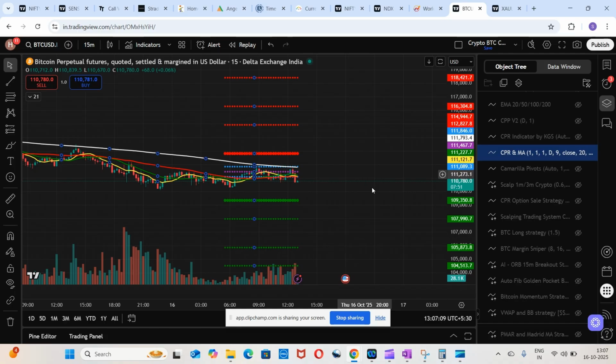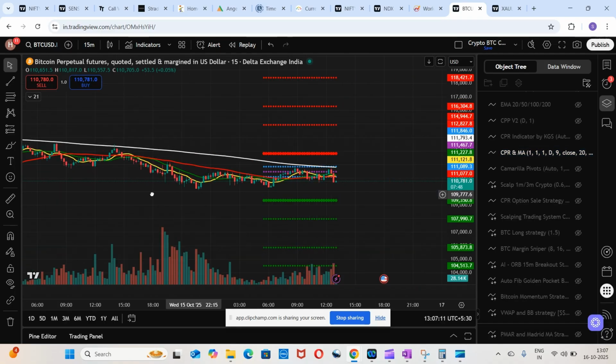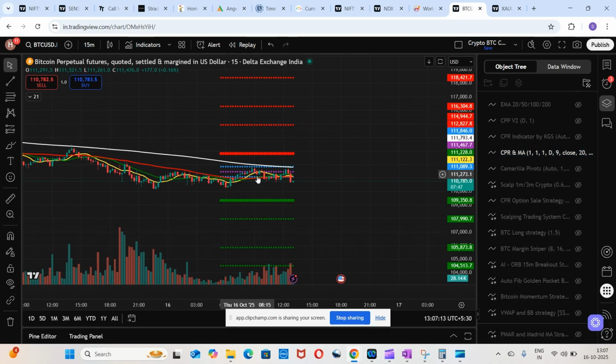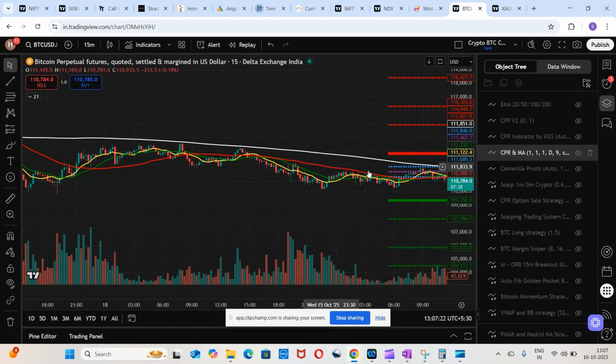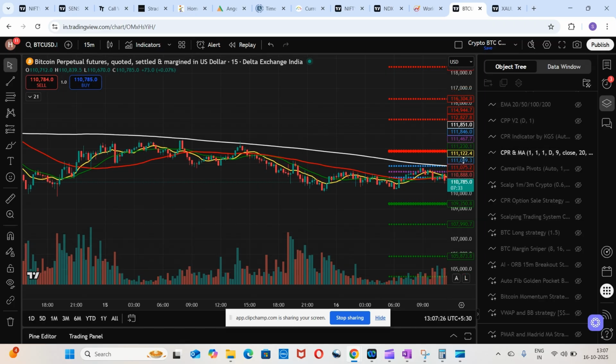So this is the 15-minute strategy. If you see, this is the CPR, and we have the resistances and the supports here. This is on a 15-minute time frame on Bitcoin perpetual futures.